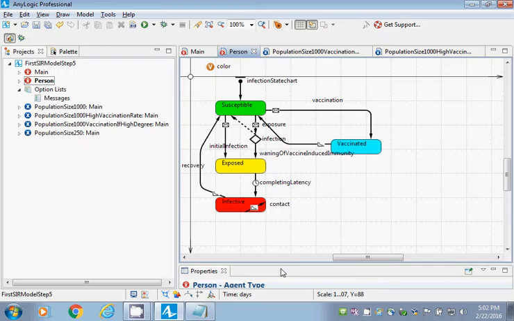So we saw we could capture heterogeneity, but more than that, we saw that within these models, we could lay out the model and visualize it in a way that speaks to its richness. And we can do so fairly declaratively by setting the properties of people's appearances in a declarative fashion without really writing code.